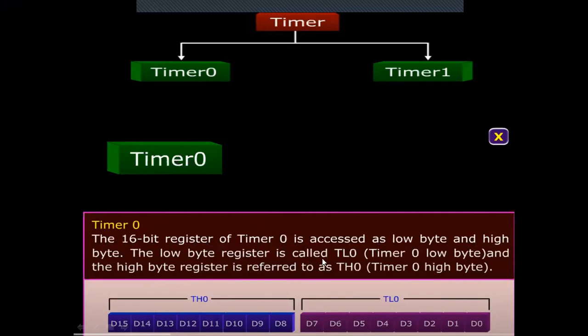The low byte register is called TL0 and the high byte register is referred to as TH0. So in this diagram you can see the structure of timer 0. The bits D0 to D7 represent the low byte, that is TL0, and the bits D8 to D15 represent the high byte, that is TH0.